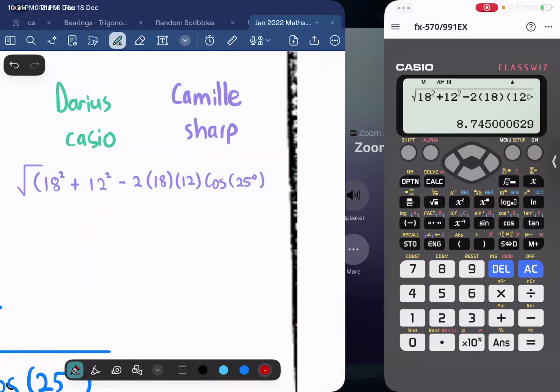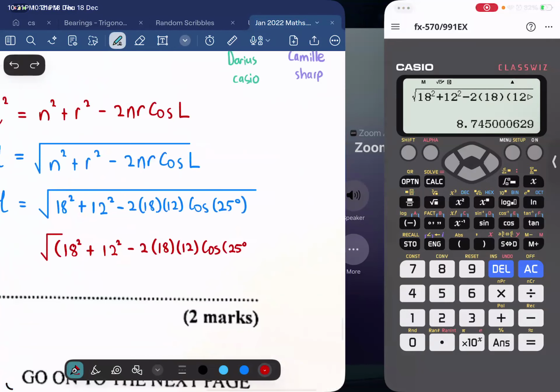I got 229.524964 because when I did second function square root, I had 18 squared in a bracket plus 12 in a separate bracket.